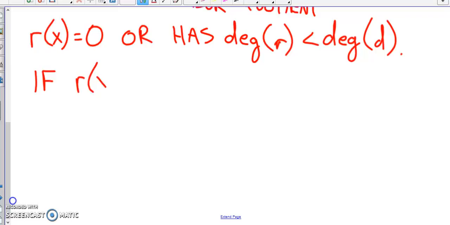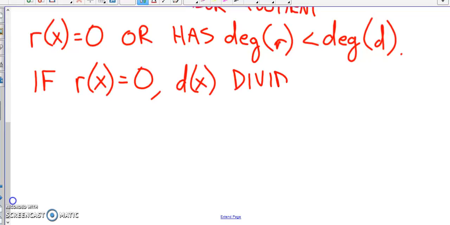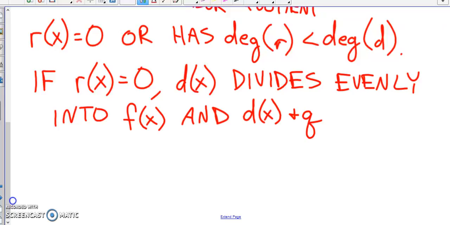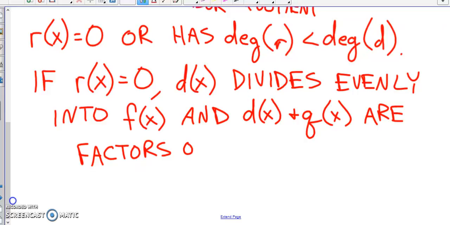If r of x is equal to 0, d of x divides evenly into f of x, which makes sense. And d of x and q of x are factors of f of x.